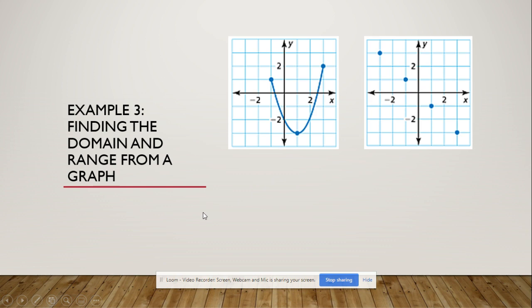All right, so let's find the domain and range from a graph. Now, in order to find the domain, first we need to find all possible x values. Now, because this is a continuous line, I don't just have a value here at -1 and then another value at 0. I also have all of the numbers in between that -1 and 0. Anything that's on the curve is a possible solution here. So I need to use inequalities to show what it is.